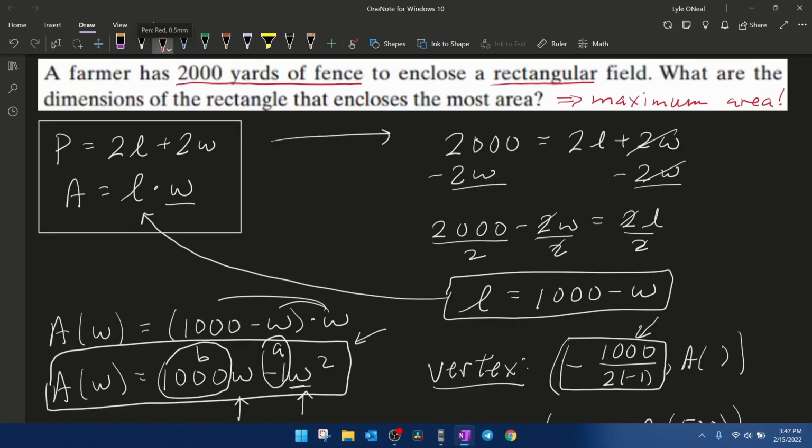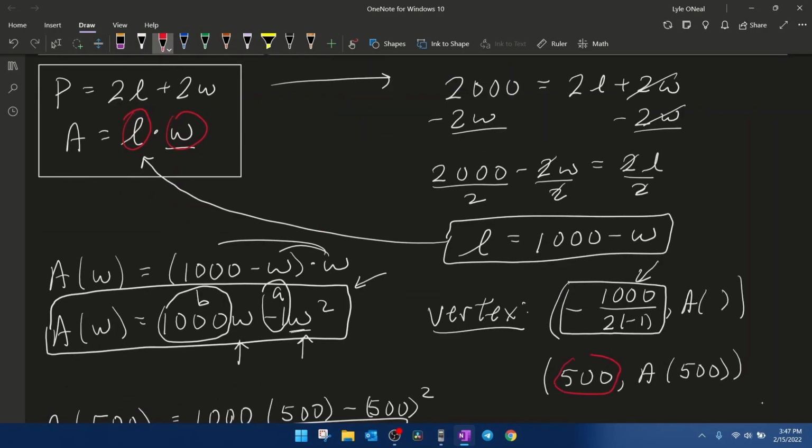So if we reread the problem, it says, what are the dimensions? Well, the dimensions are the length and the width. So we have the width. What we need to do now is plug in and calculate the length. So the length that will give the maximum area is 1,000 minus 500.